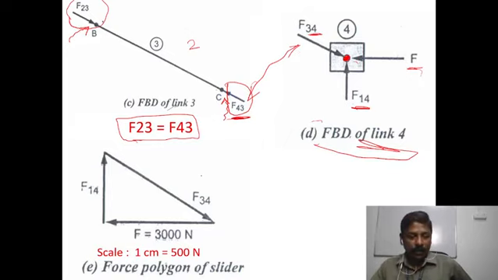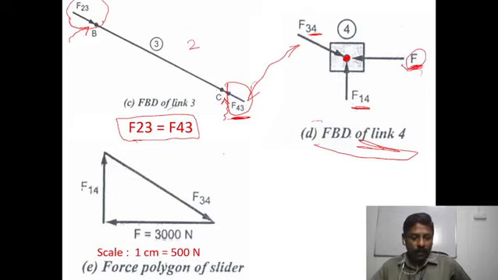For that we are drawing the force polygon diagram. Out of the three forces, only for the externally applied force do we know the magnitude and direction. For the other two forces we know only the direction. So first we take this force F, whose value is 3000 Newton.